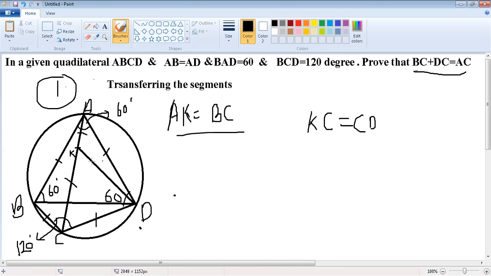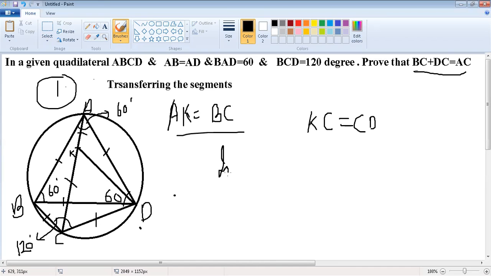So all these three sides equal each other. Yes. All these three sides equal each other. These three. Don't be confused by the lines I made.